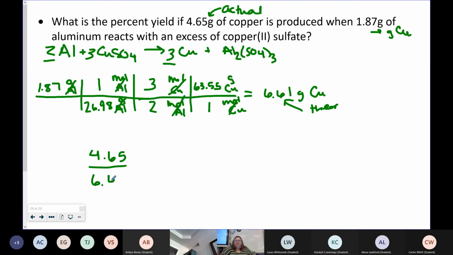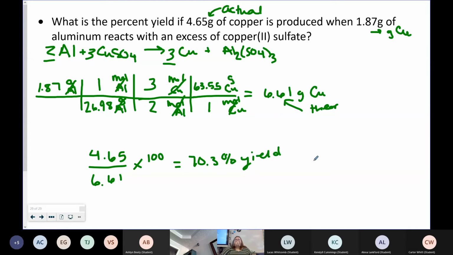So 6.61 times 100 to make it a percent. And that's going to be 70.3% yield. So that means that in lab, we only made 70% of what we should have.